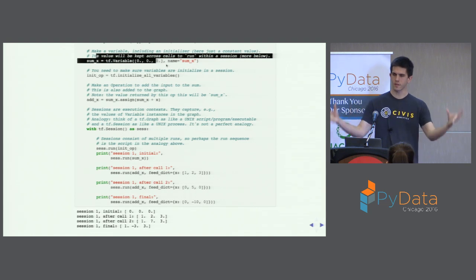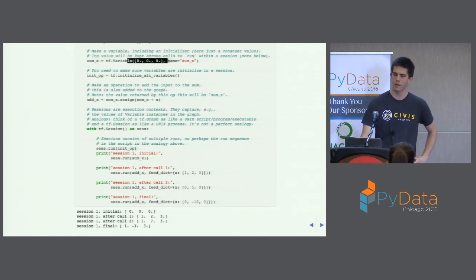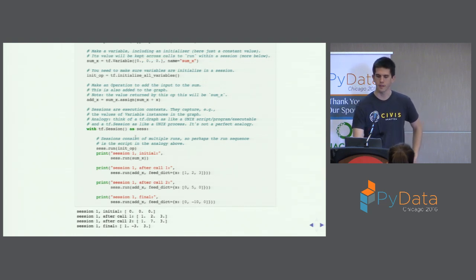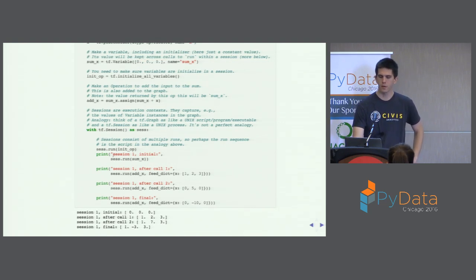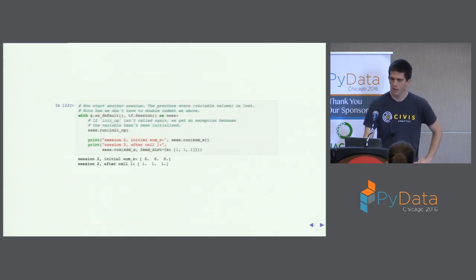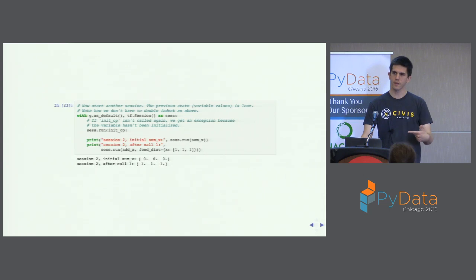The graph describes how the processing works, but when it's actually running, the session manages that. You can run multiple commands within a session, so you can check the initial value, and then you can add a few different vectors of input, and you'll get the outputs. Another point is if you make another session, then you've lost all those values, and you start back at the initial value.